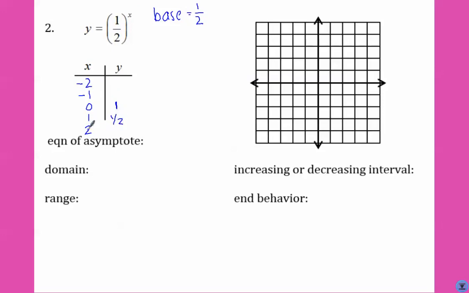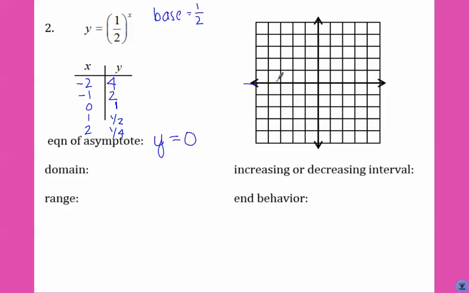When squaring a fraction, you square the top and you square the bottom, so that would be 1/4. If we raise it to the -1 power, it's going to be the reciprocal of the first power, so this would become 2. And the -2 power would be the reciprocal of the squared, so this would be 4. Our asymptote is still going to be at y equals 0.